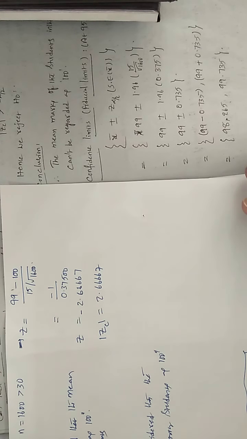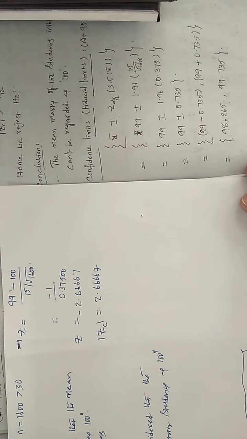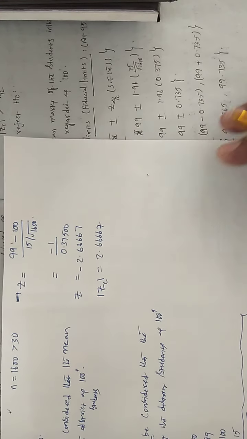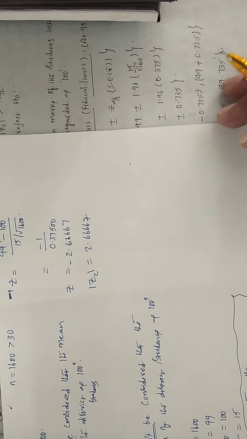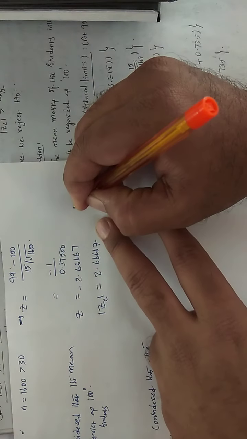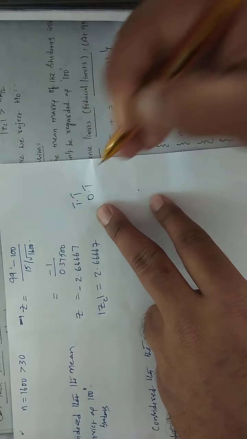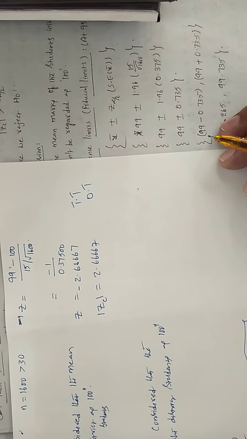Now what we are doing? We are going for the table value information. How to get the table value? This is very, very important. For getting a table value, first you need to identify whether the given problem is a two-tailed test or a one-tailed test. How do you find that?